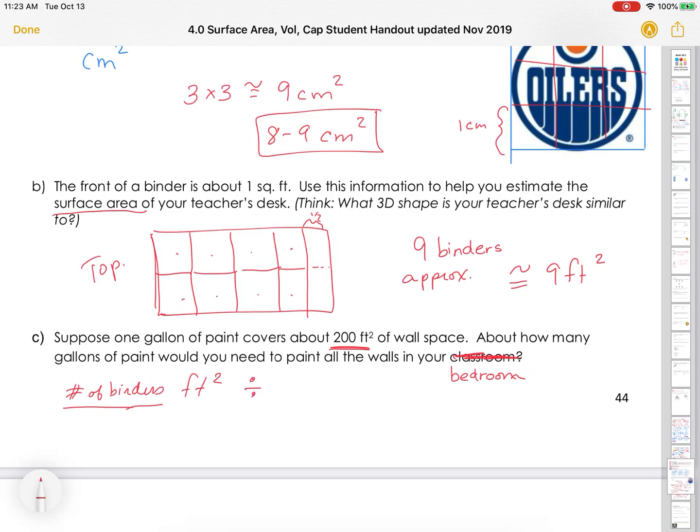And 1 gallon of paint covers about 200 feet squared, so you would divide by 200 feet per gallon, and then you would get the number of gallons. It's going to be different for all of you because you're going to have different size bedrooms. And it's an estimation, right? Okay.